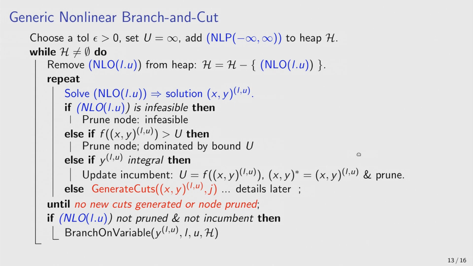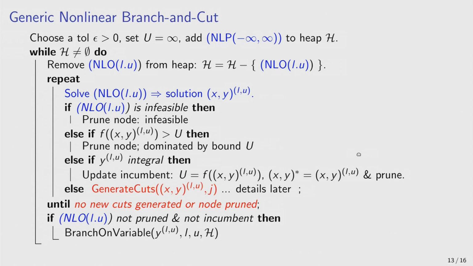And I can keep looping around this until I don't want to generate any more cuts, or I'm done generating cuts. And if it's not pruned and there's not a new incumbent, then I can branch on a variable. So I can either generate cuts or branch on a variable.